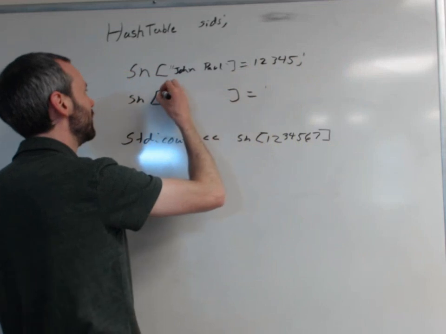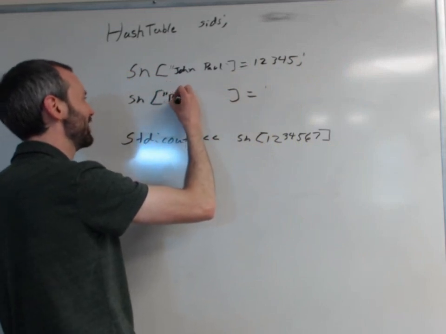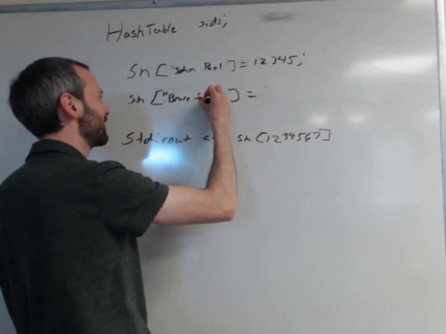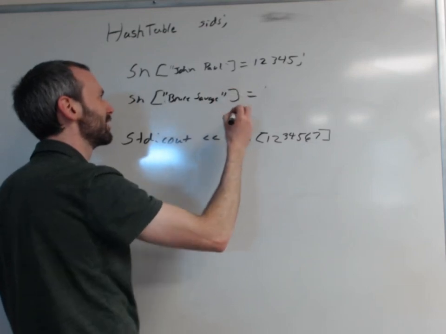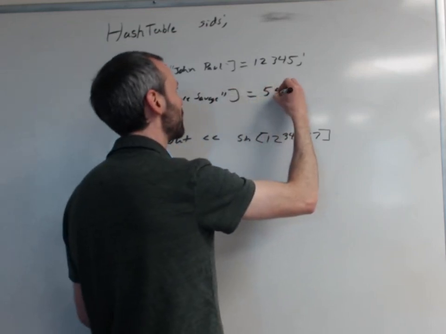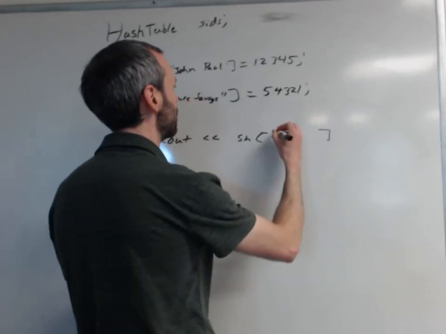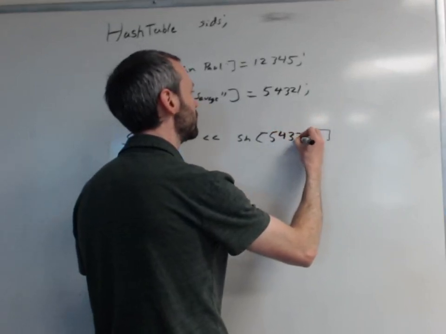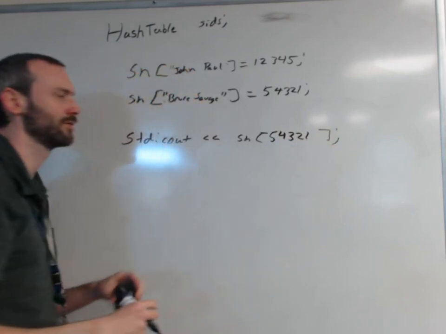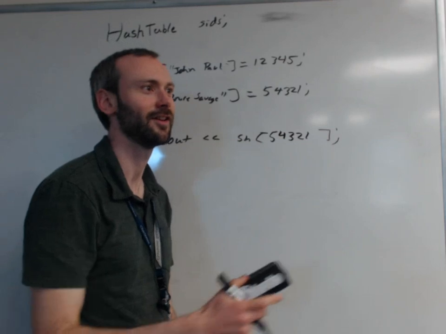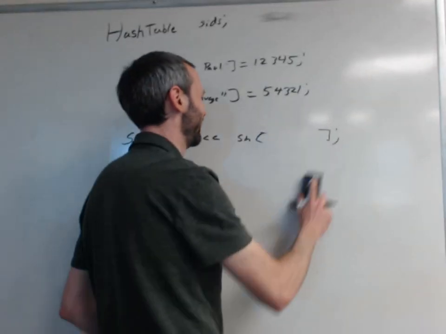All right, I'm tired of writing. And then we have Bruce Savage, 5, 4, 3, 2, 1. And we do 5, 4, 3, 2, 1. What is it going to print out? Bruce Savage. Actually, it doesn't print out anything. That's an error.